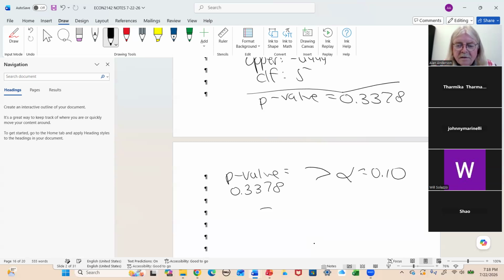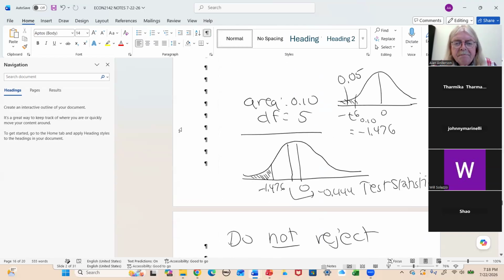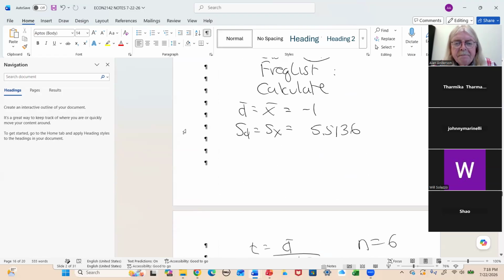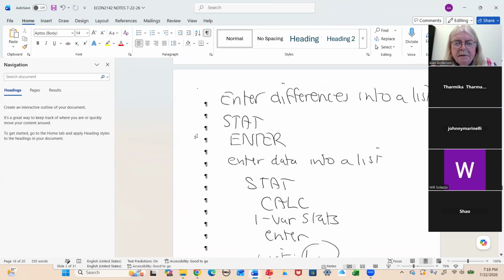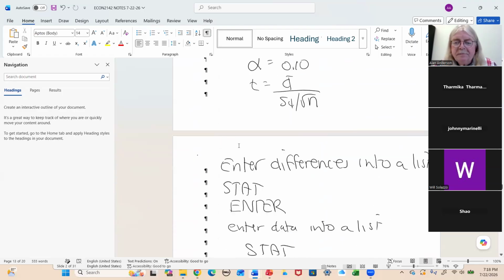And that, of course, means do not reject the null. And the null was that mu d is greater than or equal to 0.